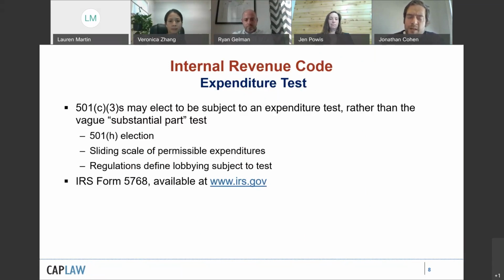If the election is made, as it might suggest, it's strictly based on the amount of money or expenditures spent on lobbying. The rules also have specific exclusions from the limitation on the amount you can spend on lobbying, which include the similar nonpartisan analysis, study, and research that we talked about a slide ago, and communication with members of a legislative body with no call to action included.